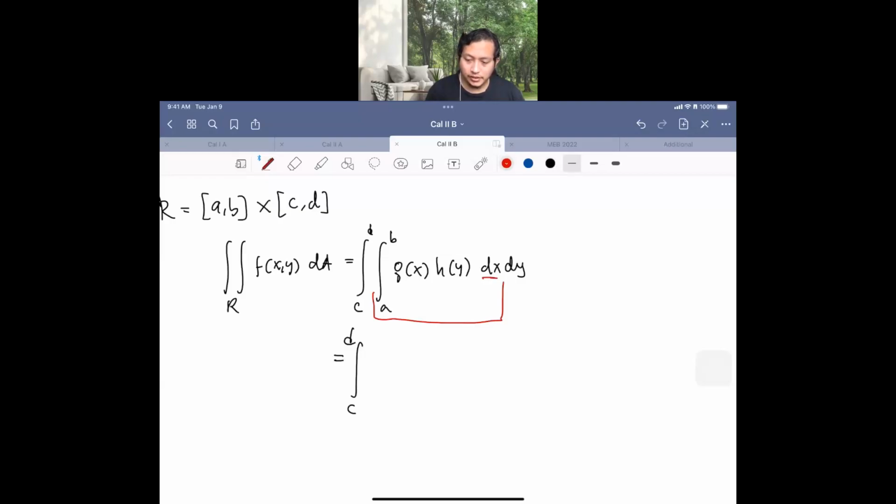So we write h(y) first, and then the integral from a to b of g(x) dx, and then dy.